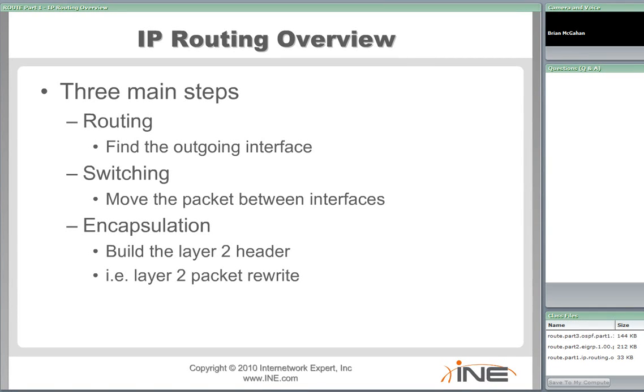For ATM, that would be the VPI/VCI number. For point-to-point media, like PPP links, packet over SONET, and HDLC serial links, the logical process is a little bit simpler here in the third step, because when we send the packet on the link, there's only one other possible destination. It's the device on the other end of the point-to-point link. So we'll see here how the encapsulation process will be different depending on the individual media that we are working with.